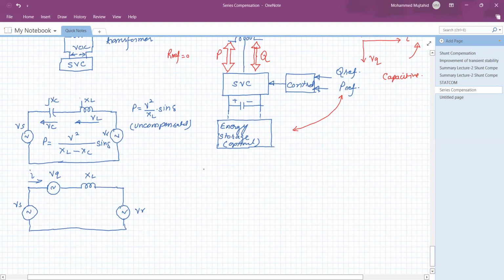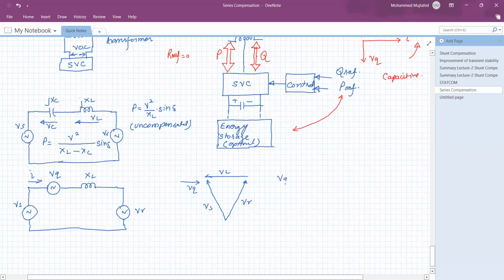So it can be represented as: this is voltage Vs, this is VR, and this is the voltage VL, this is the current I, this is the voltage VQ. So under such condition, we can write what is VQ?